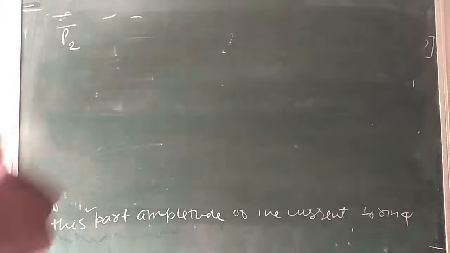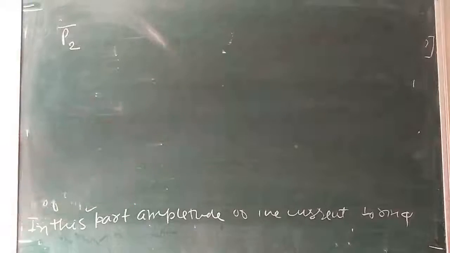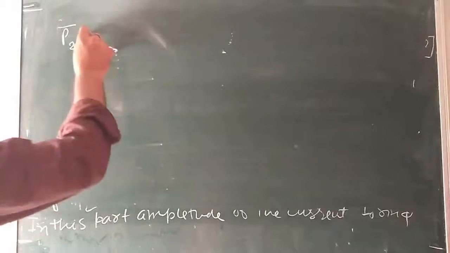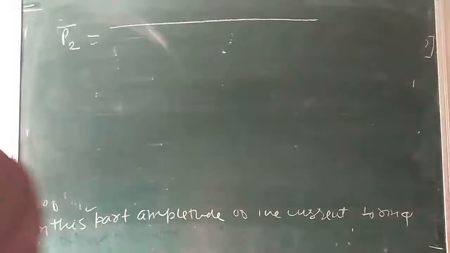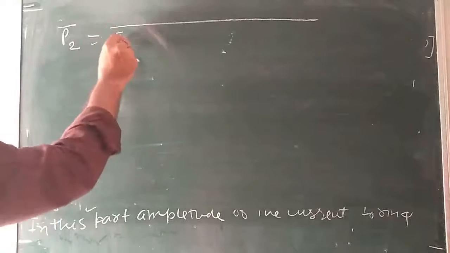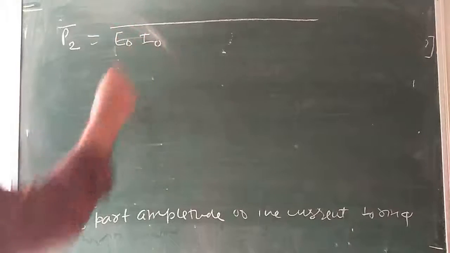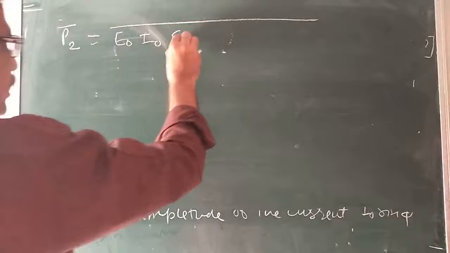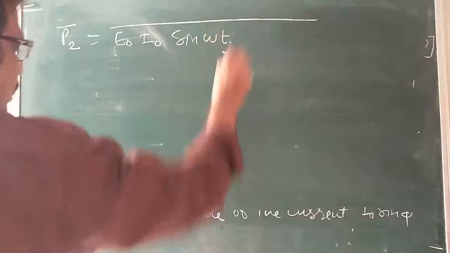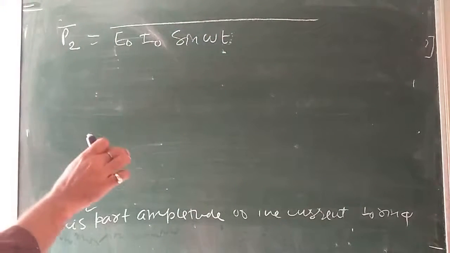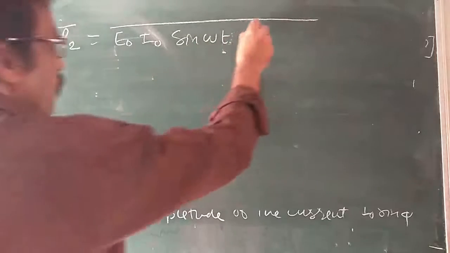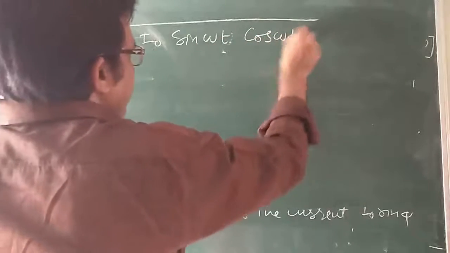We can see this is P2 bar, that is equal to, here is the symbol for average, E naught, I naught, sin omega t, cos omega t and sin phi.